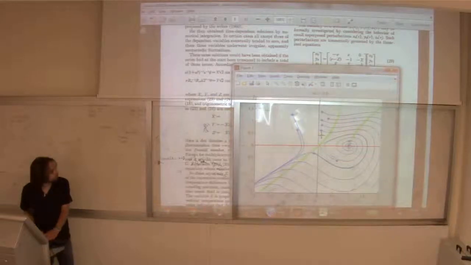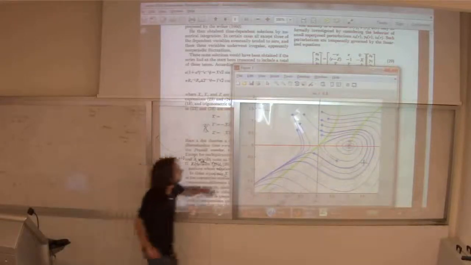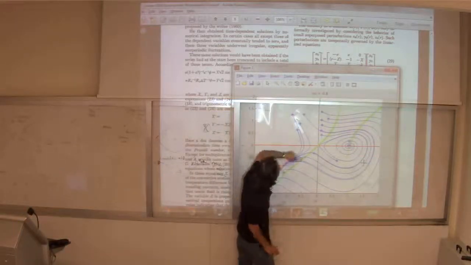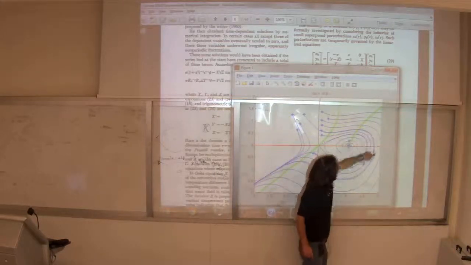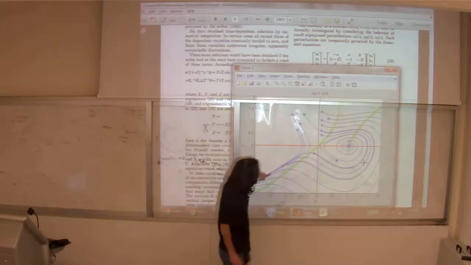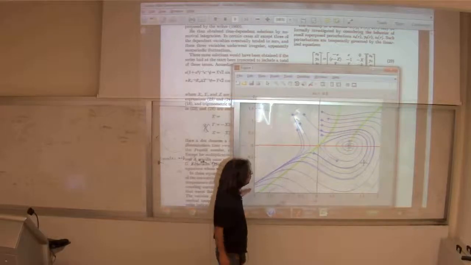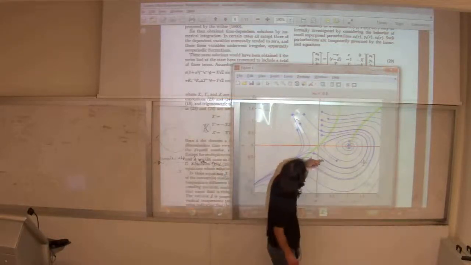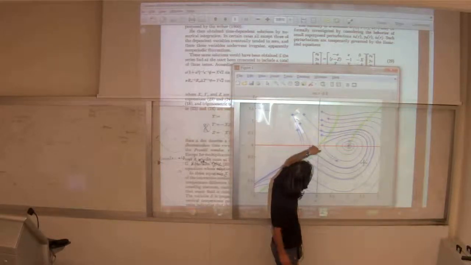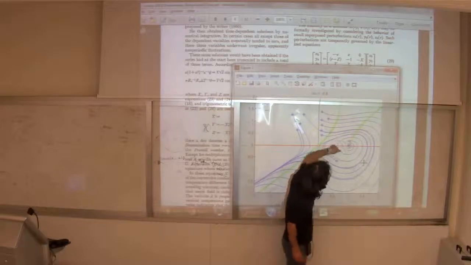Okay? So you see things that can approach the saddle, but are then thrown away. Here, these are thrown away over this whole region and go along this unstable manifold. And this stable manifold of the saddle is actually coming from the unstable fixed point.